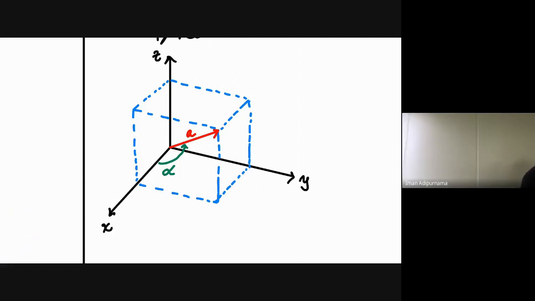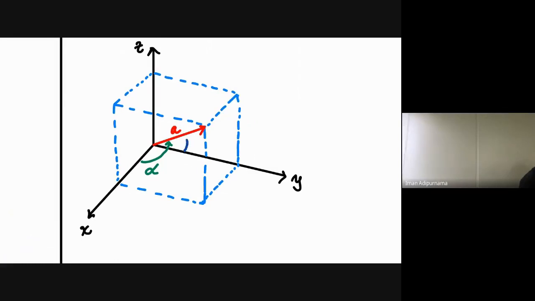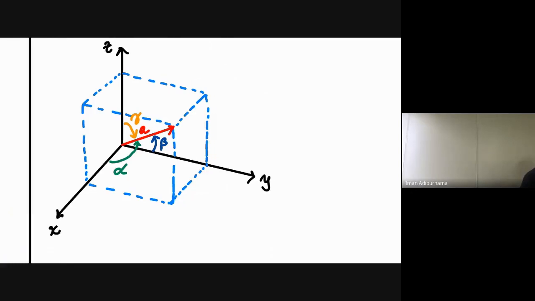And then the angle from the y-axis is beta. And the angle from z, from here, is gamma.